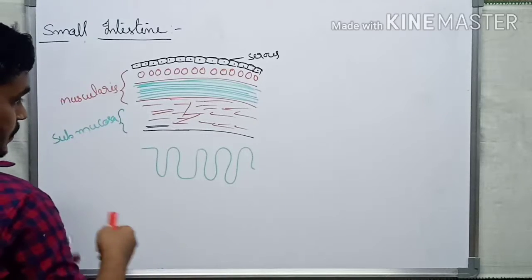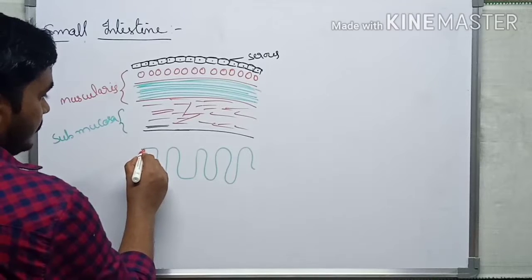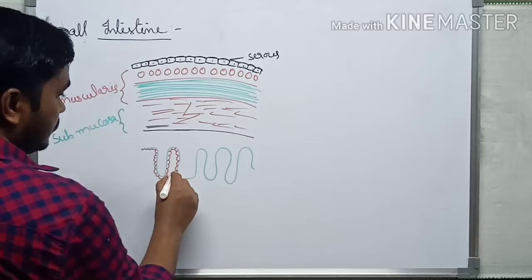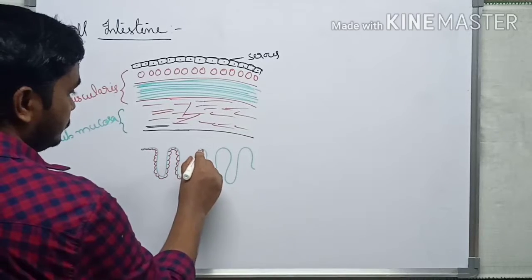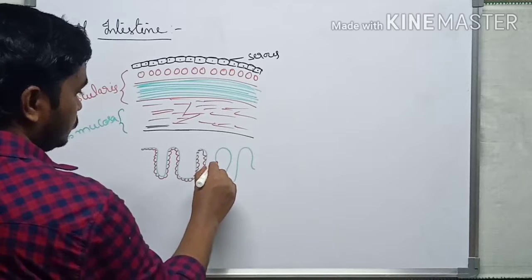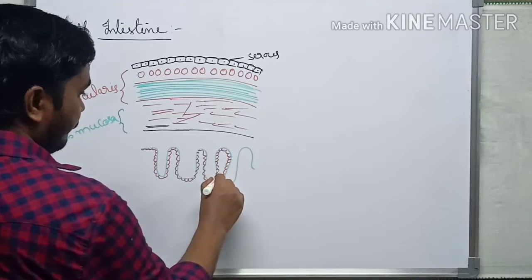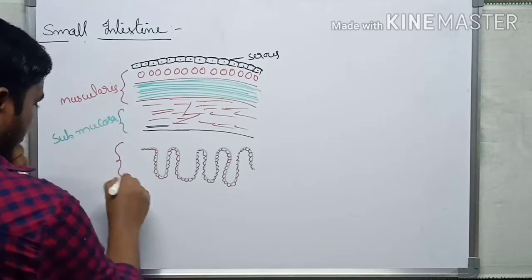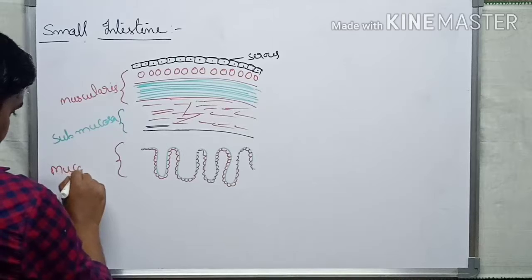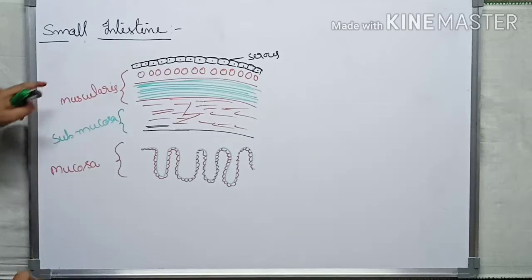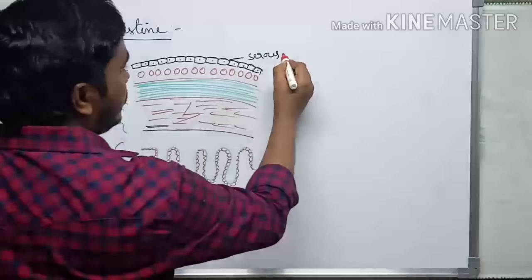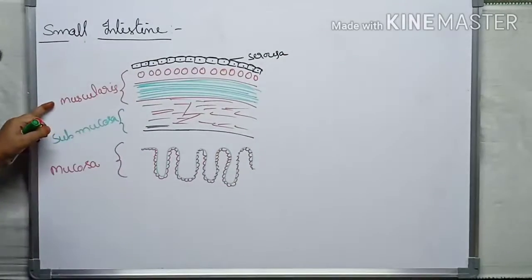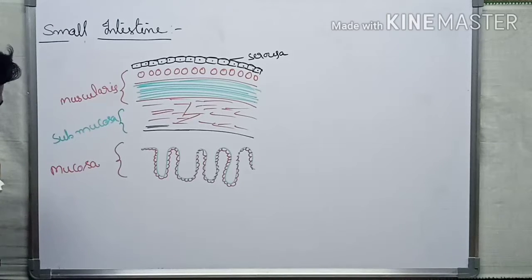The epithelium is a columnar epithelium. This total innermost region of the small intestine is called the mucosa. So serosa, the serous layer, then muscularis, submucosa and mucosa layers are there.